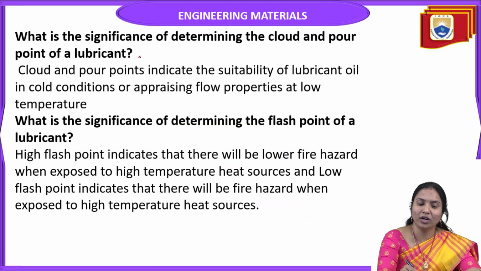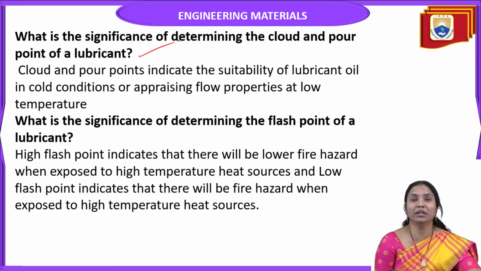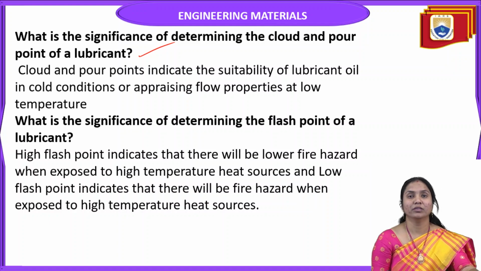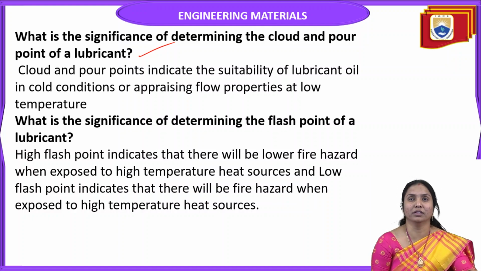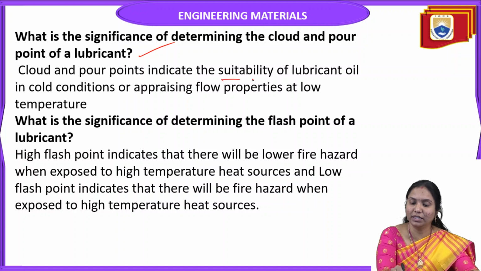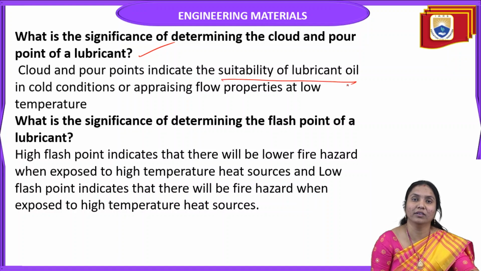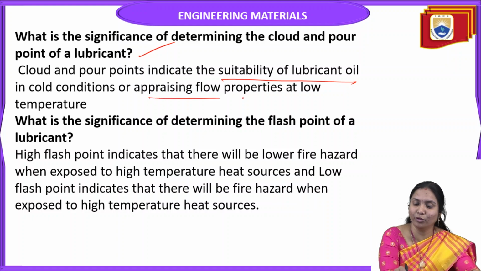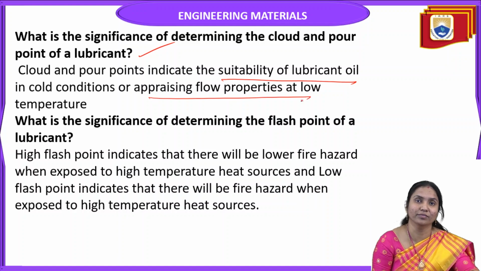Next question is, what is the significance of determining the cloud and pour point of a lubricant? So cloud and pour points indicate the suitability of a lubricating oil in cold conditions or appraising flow properties at low temperature.